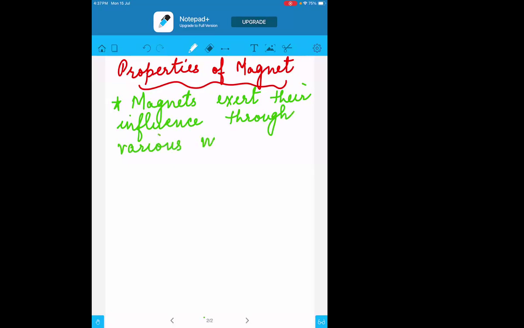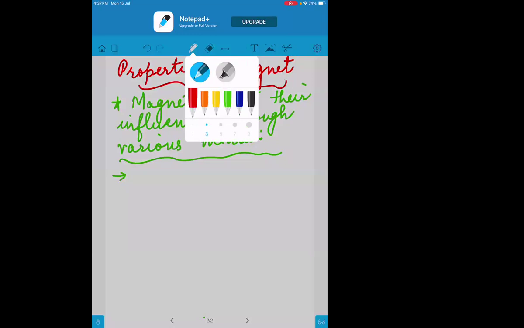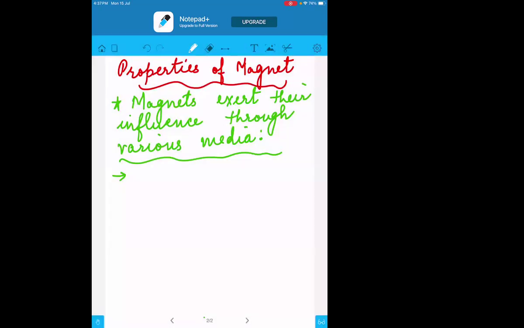Media here means medium. It is not about the TV media, okay? It is about the medium. In any medium, whether solid, air, or water, the magnetic force will be there.